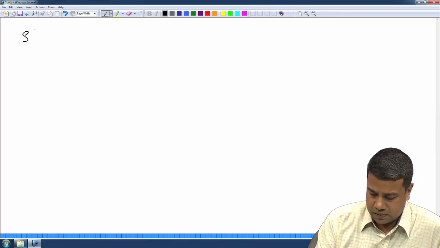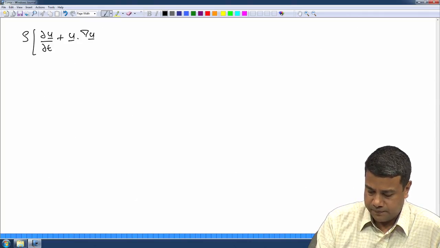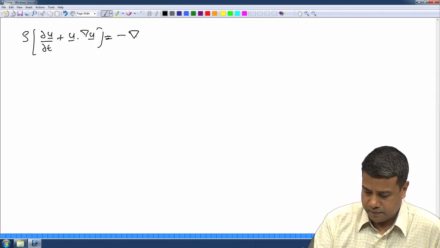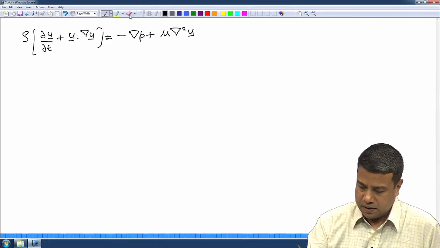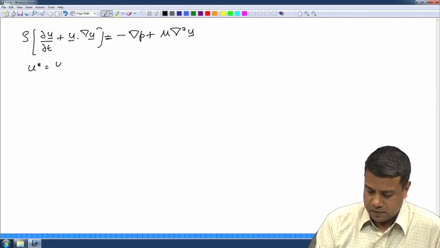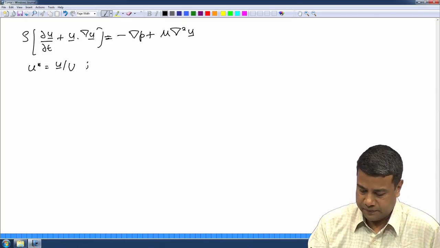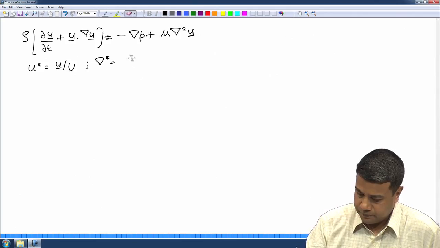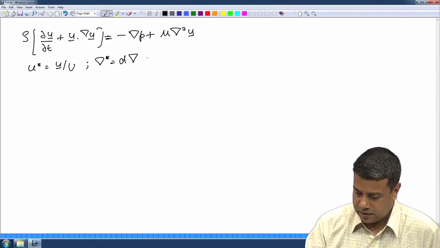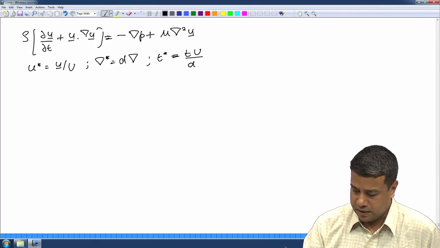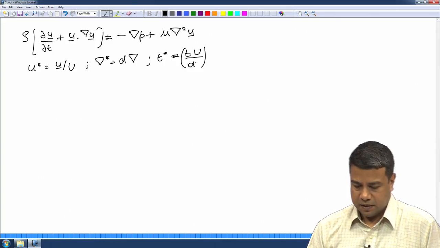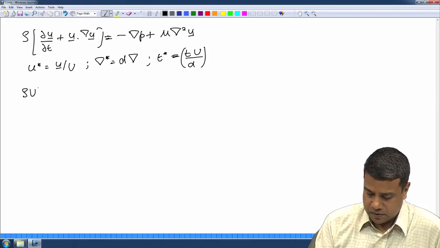The equation is rho into partial u by partial t plus u dot grad u, and if I define u star is equal to u by the characteristic velocity, grad star is equal to d times grad, and t star is equal to t u by d, what I would get on the left side is going to be equal to rho u square by d.